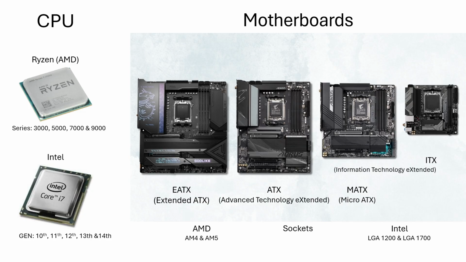But my main point is to read the description of the CPU or the motherboard you're going to get, so you can dictate what you're going to get with it.